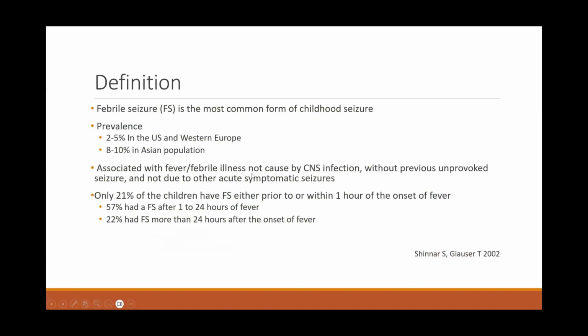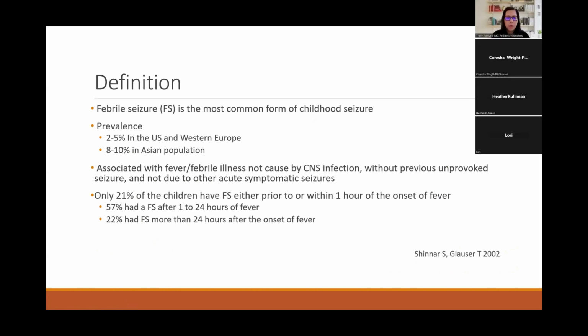All right, so febrile seizure is the most common form of childhood seizure. It occurs in about 2 to 5% in the US and in Western Europe. In some of the Asian population, the prevalence is a bit higher, 8 to 10%.